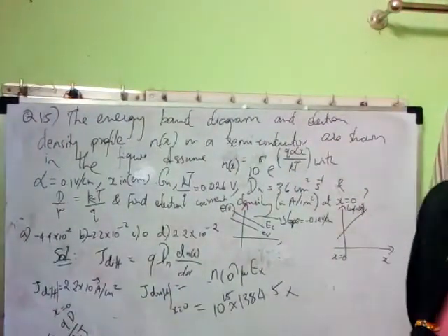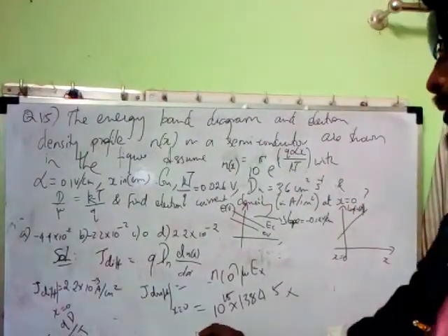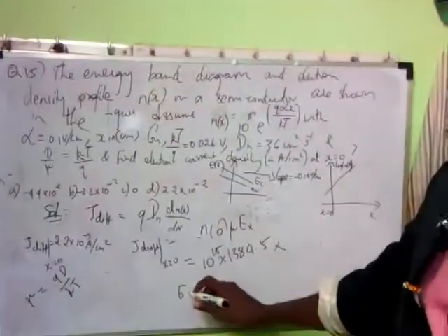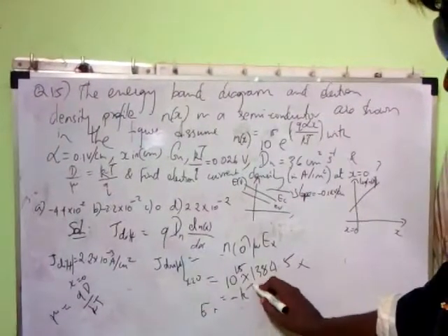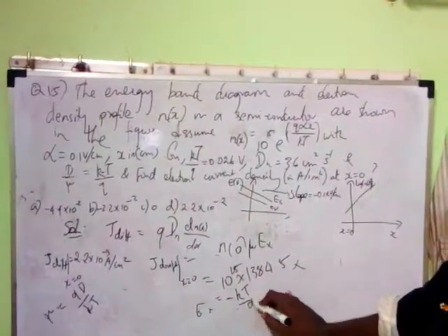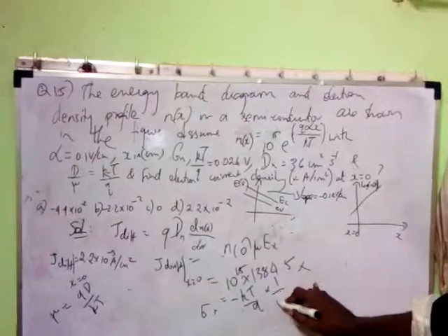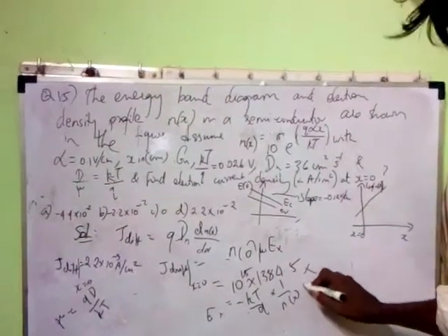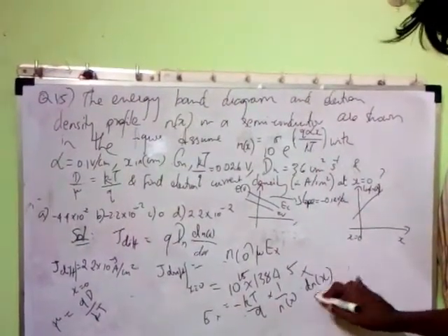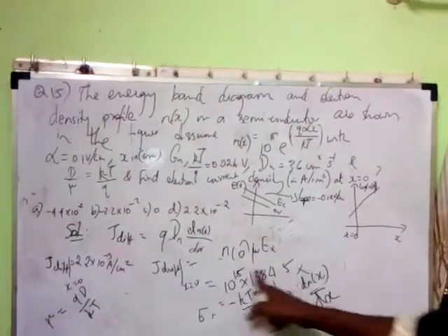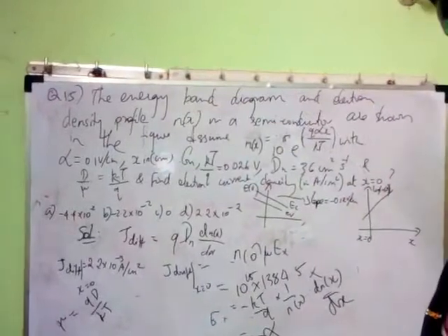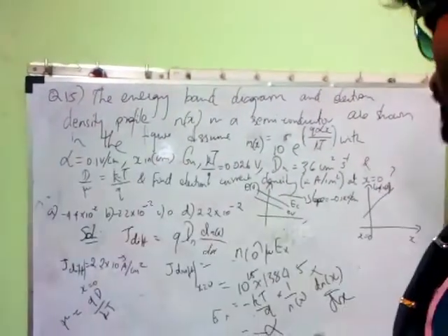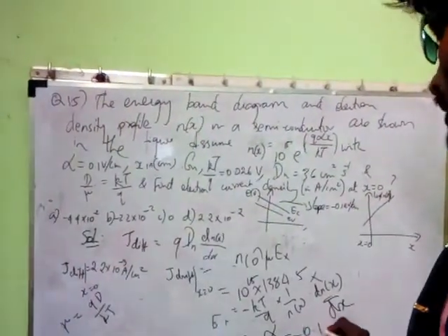Is it right? So Ex will be equal to, this E value we can find in the second line very clearly. Ex equal to minus KT divided by Q into 1 divided by N of X into Dn of X divided by Dx. If you do the substitution, you'll get the answer as minus alpha, where alpha is 0.1. So that's equal to minus 0.1.